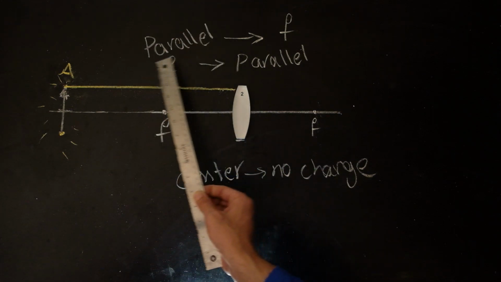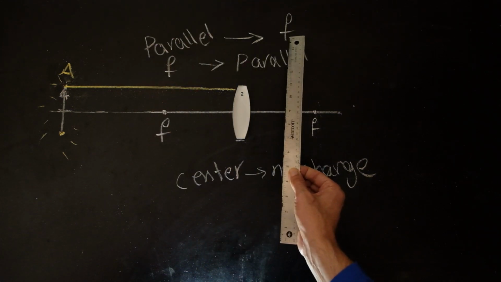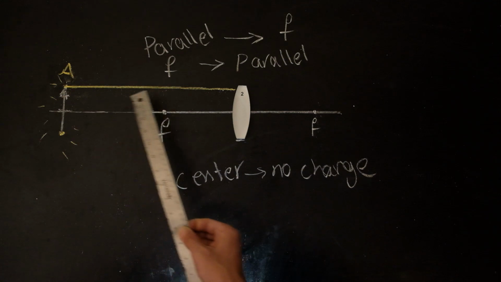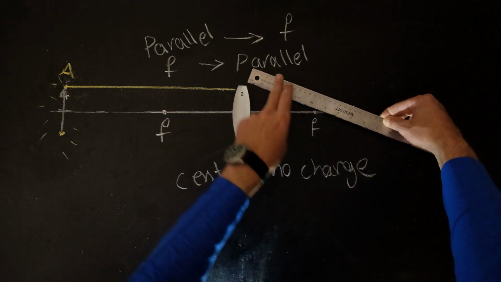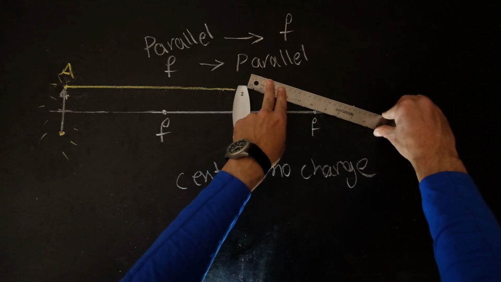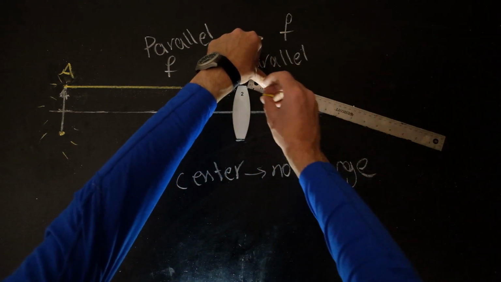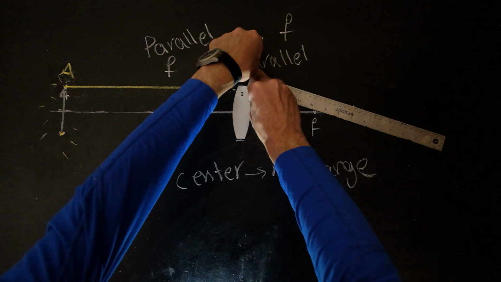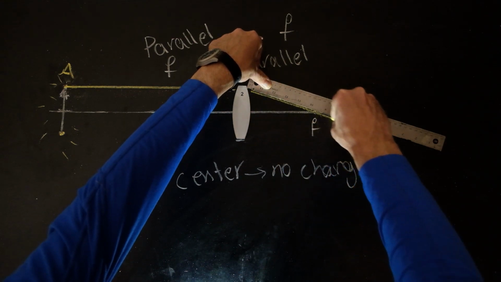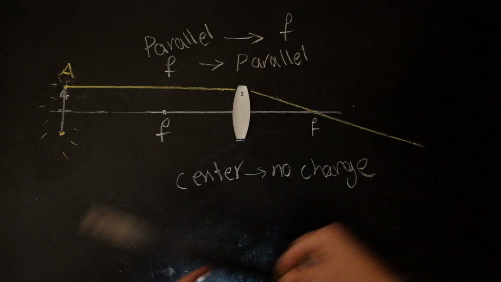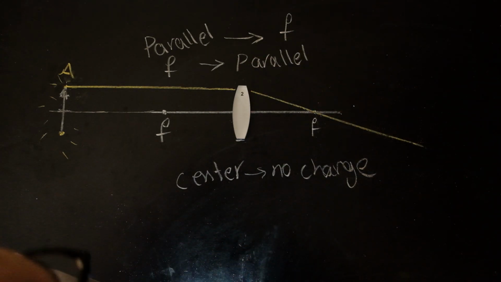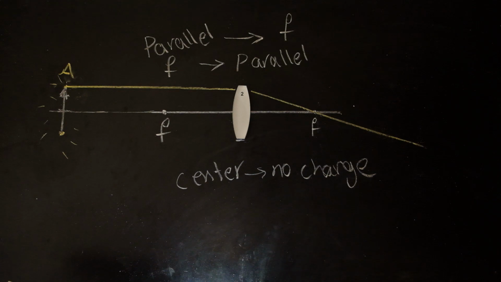Parallel should go to F. So no change. We hit the lens. Then after lens should go to F. Okay, that is first light ray.